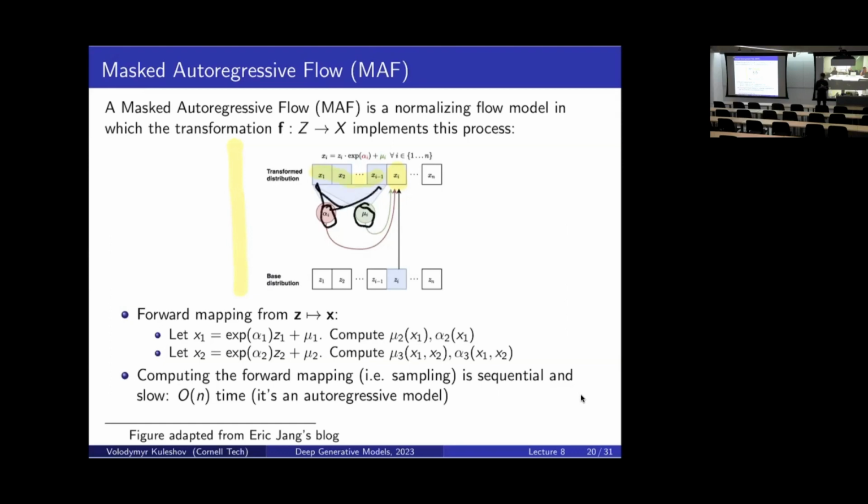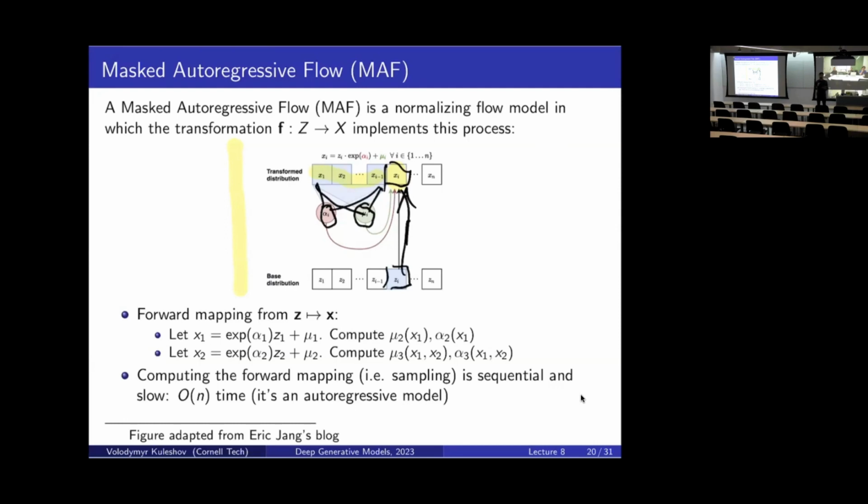So we use these to compute the mu and the alpha, which is what's needed to get xi. And now we take the ith component of the input zi, and we just apply the forward mapping. So here we have a graphical illustration of what's happening.